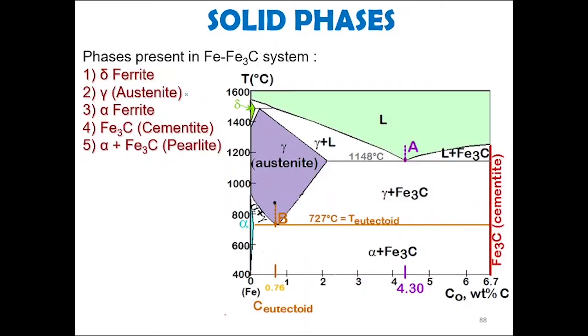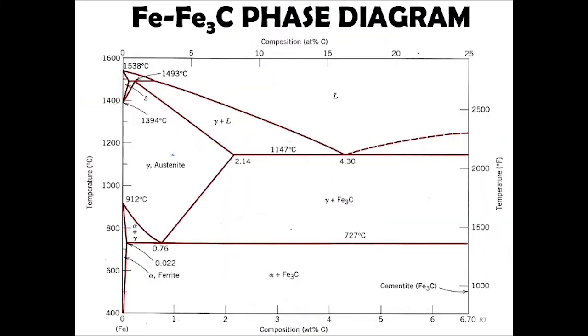The second solid phase that we have in the iron-iron carbide system is austenite, or we also call it gamma iron. Austenite is located at this region. Austenite is an interstitial solid solution of carbon dissolved in iron with a face-centered cubic crystal structure, or FCC crystal structure.